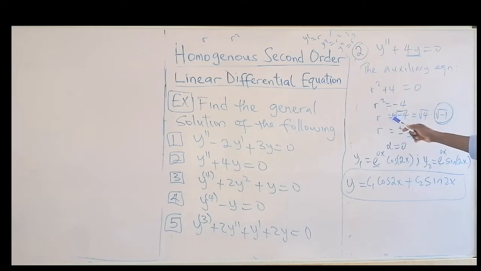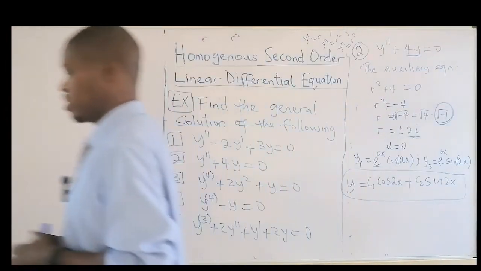Don't forget to indicate plus or minus when taking square roots. Alpha here is 0. That's that on that question.